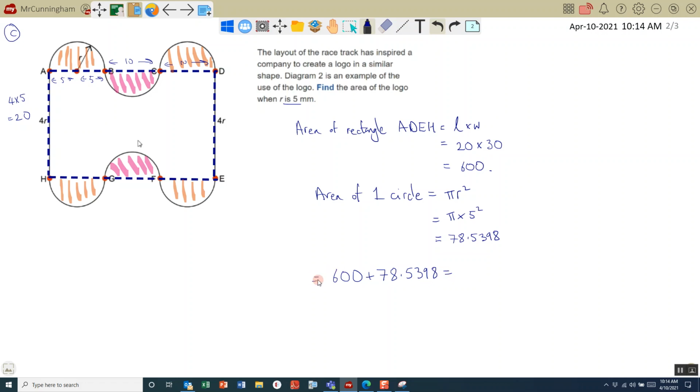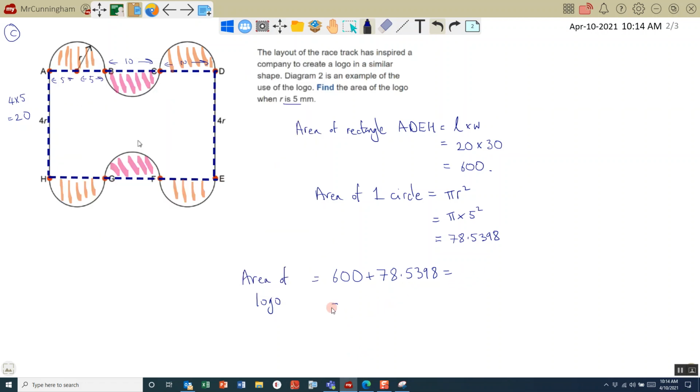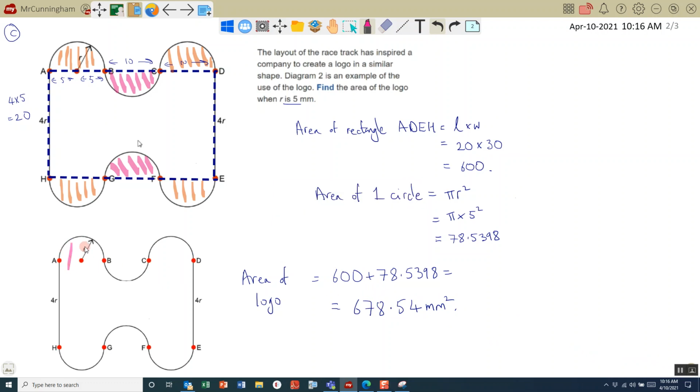This is our area of the logo, which is, you don't need a calculator, 678.54 millimeters squared. So this is the area of this full shape. Hopefully that kind of makes sense.